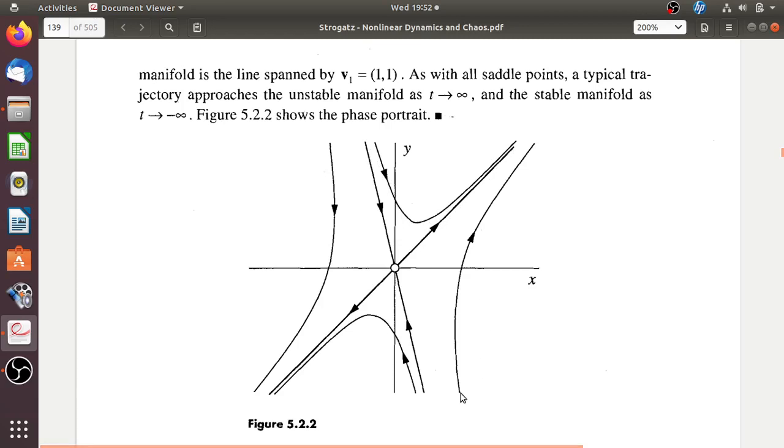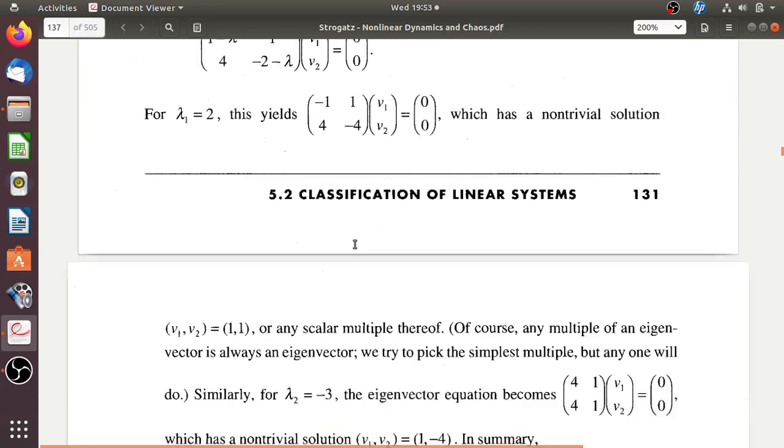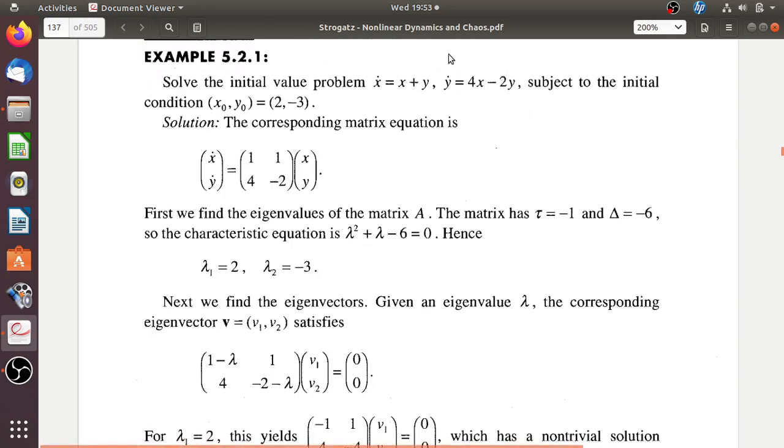It will have the direction of this one, and then it will go like this. You can understand the other trajectories with the same logic. So this is the phase portrait for this particular system, the example we discussed in the previous video.